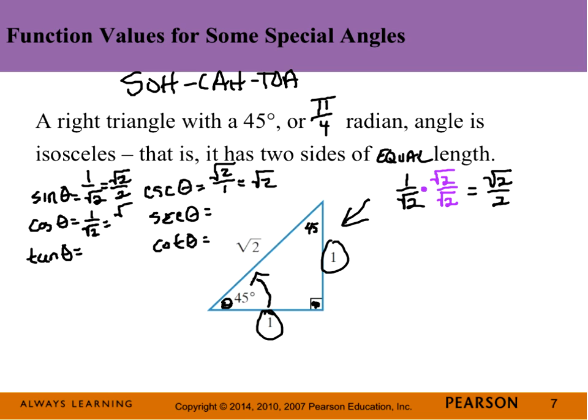So we found out already that that is square root 2 over 2. And so secant is just square root of 2. And then we have the tangent, which is the opposite over the adjacent, or 1 over 1, which is 1. And once again, lucky us, the inverse is 1 over 1, which is 1. So there are all of your trig function values for an isosceles right triangle.